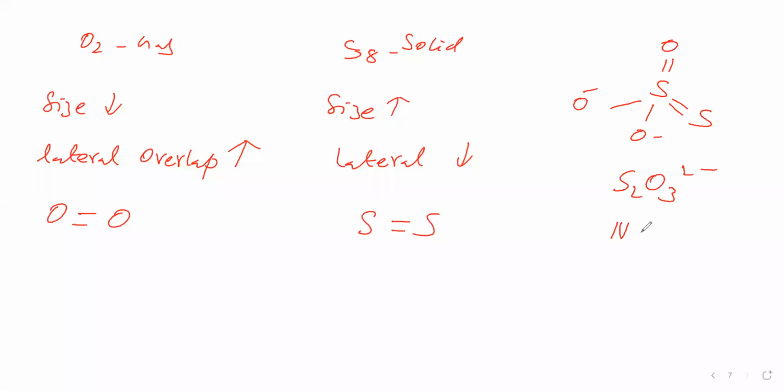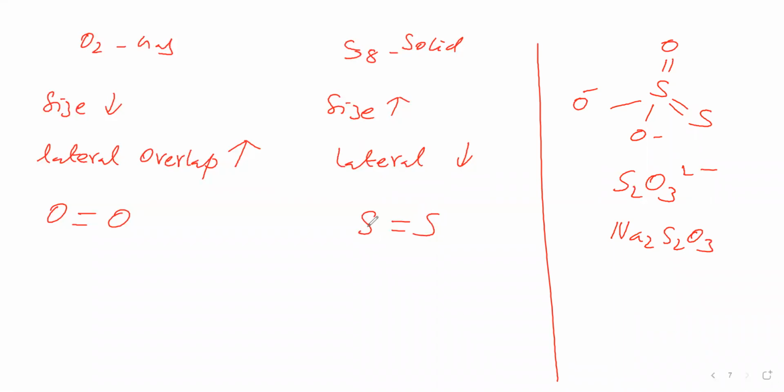It is nothing but Na2S2O3, sodium thiosulfate, hypo. It is used in photography. Now see, is S double bond S there or not? So where we say S double bond S is not possible, it means only in the element.